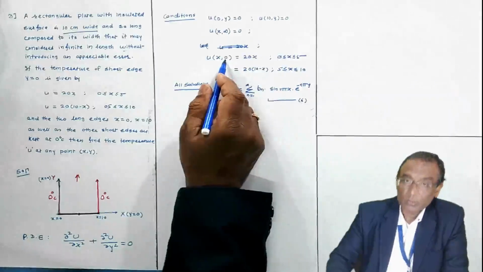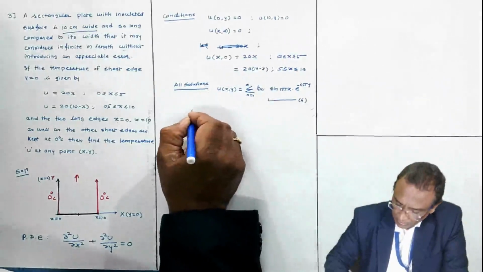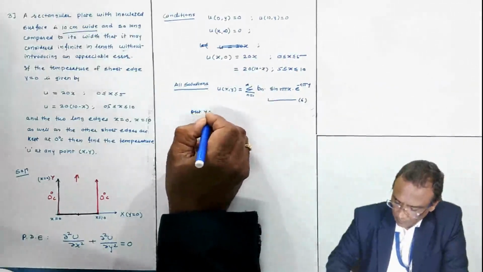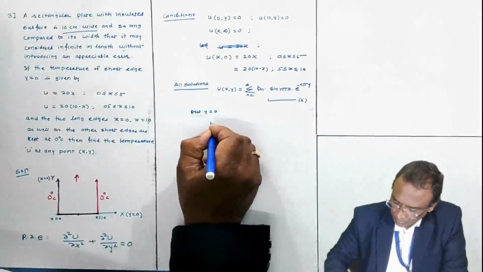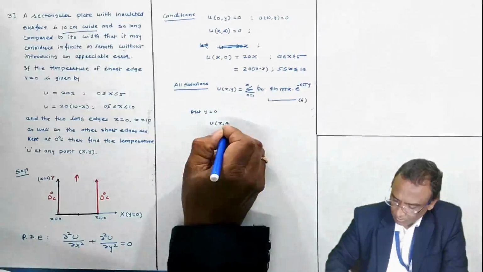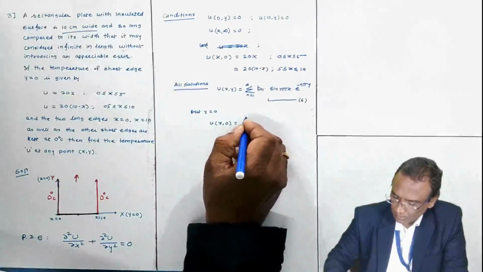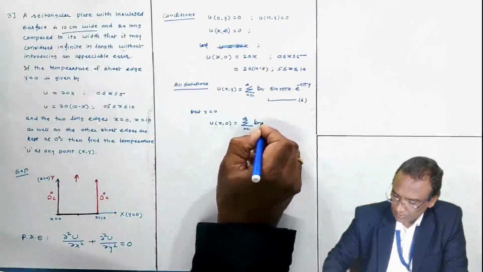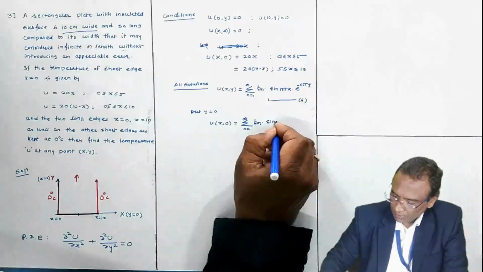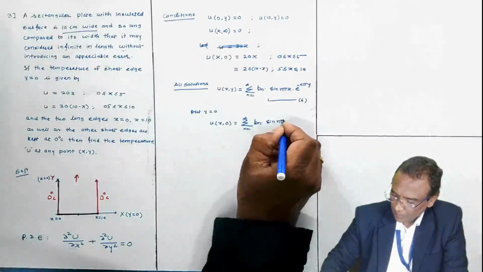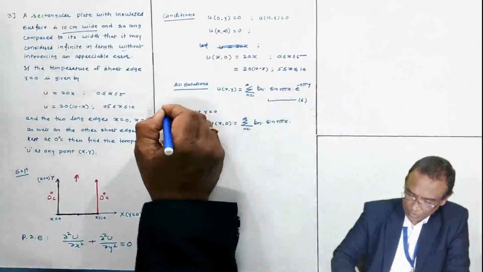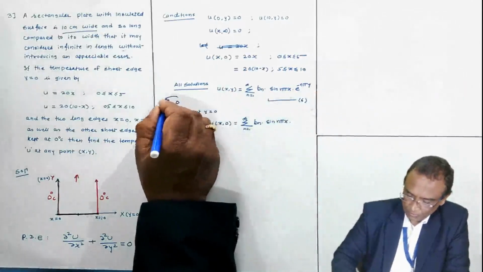In order to use this condition, substitute y equal to 0. If you put y equal to 0, what will you get here? bn as it is, sin(n pi x / 10), and e to the power 0 is 1, because I am putting y equal to 0.